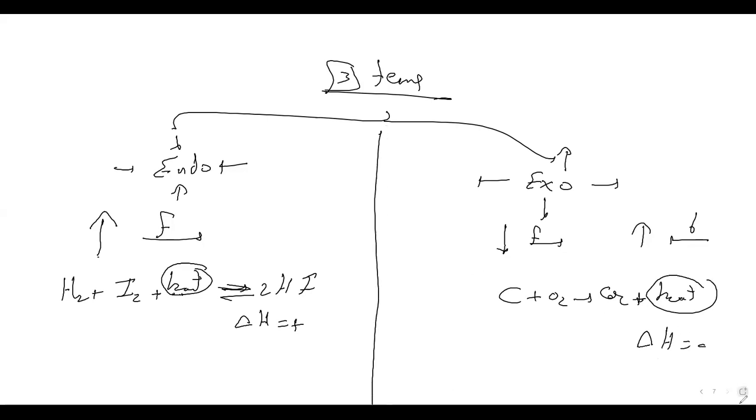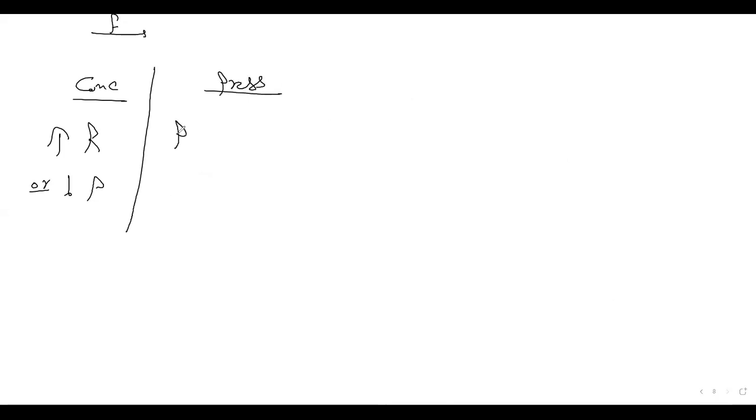So the summary for this part. Concentration: to make the reaction move forward, we increase the reactants or decrease the products. And pressure: if the number of moles in reactants is greater than products, we are increasing. If the number of moles in reactants is less than products, we are decreasing.